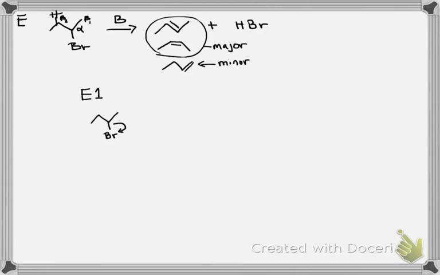What you're going to end up with is a carbocation and the halide ion. Now, I'm going to draw this hydrogen in. I'm going to draw the mechanism for the major product. If I say draw the mechanism for the minor product, you draw the other hydrogen, okay?